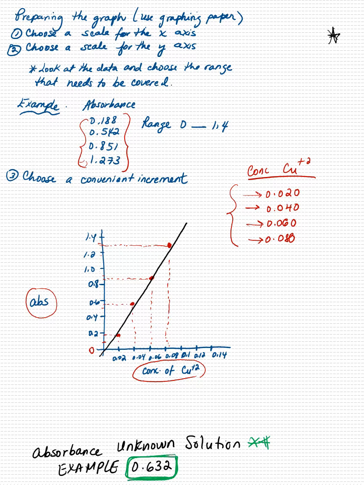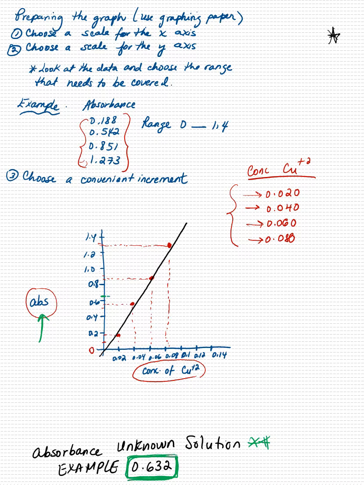So to find the concentration that corresponds to that number, you're going to find that number for absorbance in your absorbance axis. So this is 0.632, so I have 0.6, 0.8, 0.63 should be a little bit higher than 0.6.